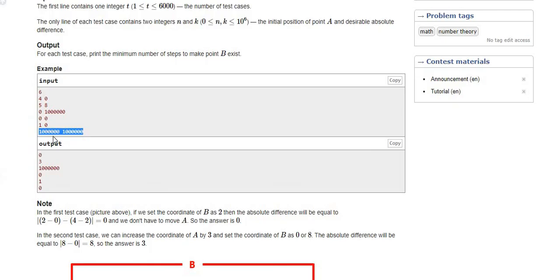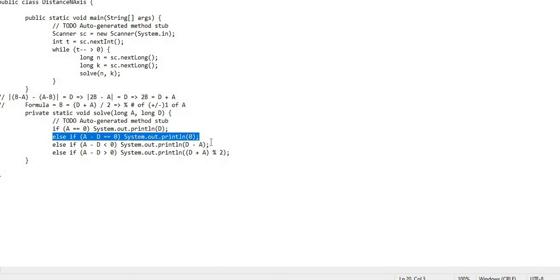Now coming to the second test case, as I mentioned earlier, whenever the value of A is lesser than the difference, we have to add the difference to A. That is the only way to achieve the final calculation. So that's why we display D minus A over here, whenever A is lesser than D.